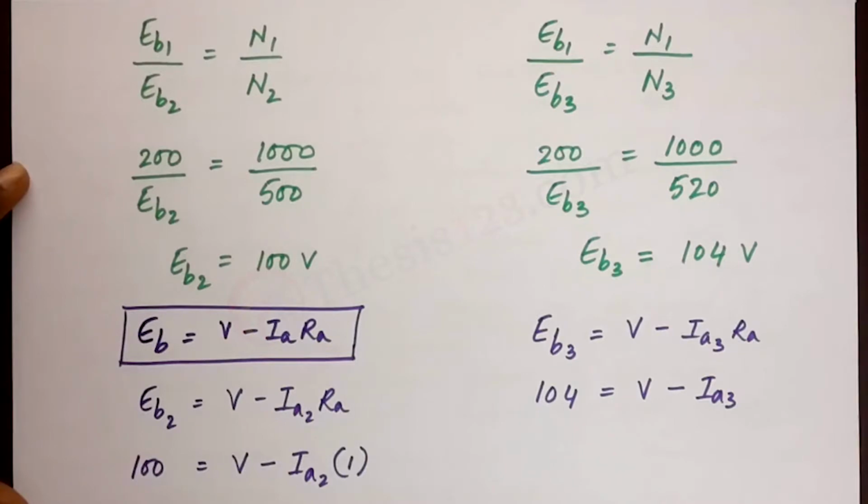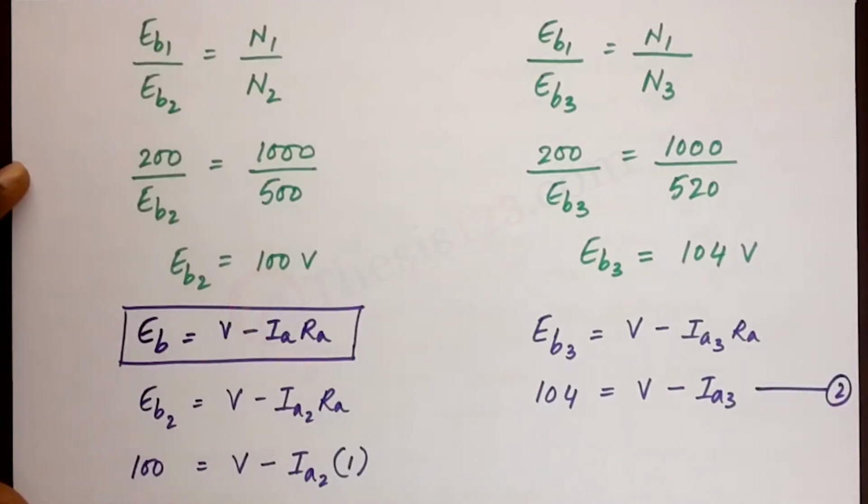Now we have 3 unknown variables here. We have V, IA2 and IA3. So the next thing is to try and find out a relation between IA2 and IA3 so that we can find out what is the value of IA2. Now here let's use the torque. Okay, before that let's call this equation 2.